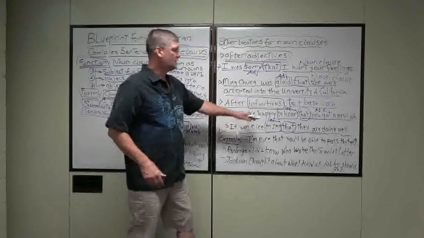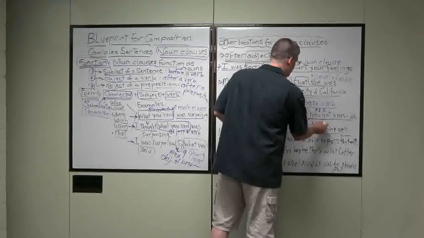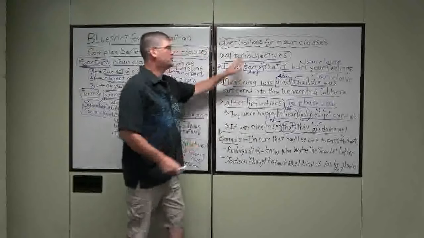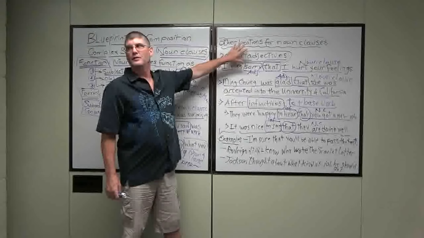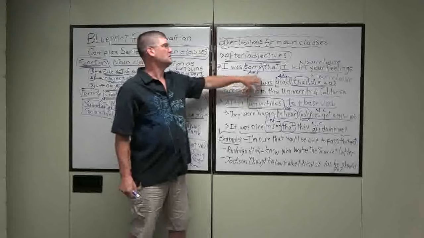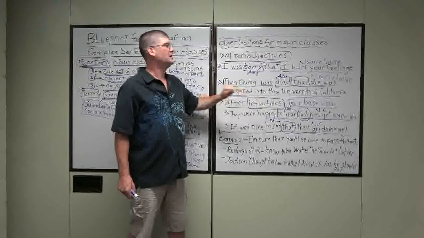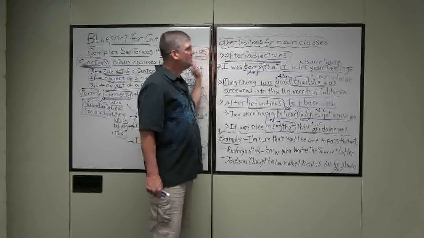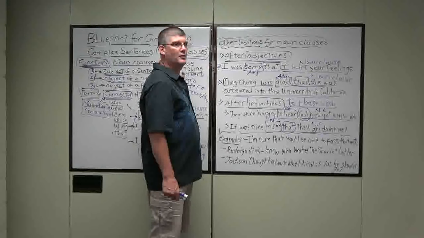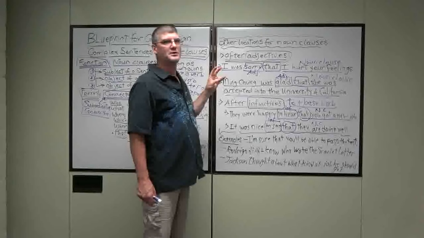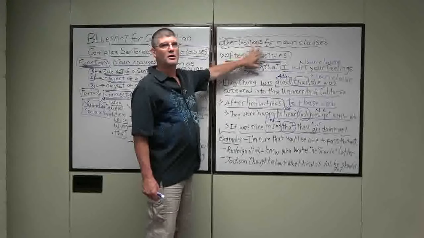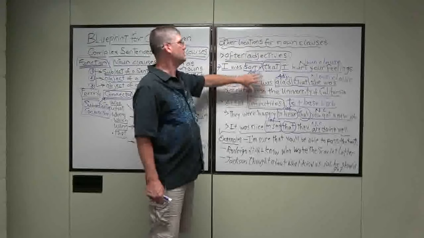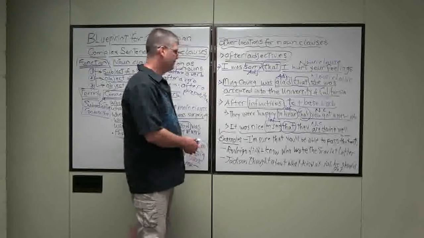All of that is a noun clause. These are special cases of noun clause positioning in sentences, after adjectives and after infinitives. In addition to the three on the left-hand side of the board, subject, object of verb, and object of preposition, you need to keep in mind these are also possible locations for noun clauses, after adjectives and after infinitives.